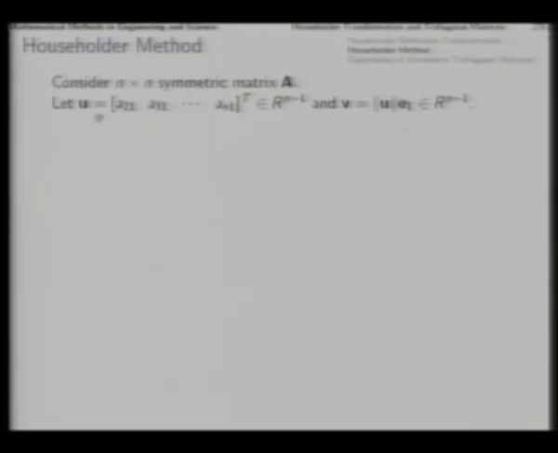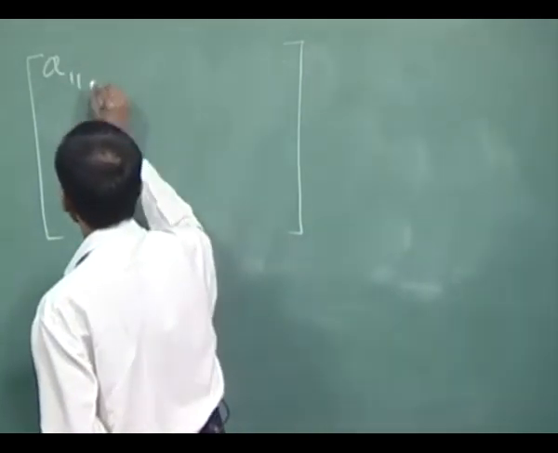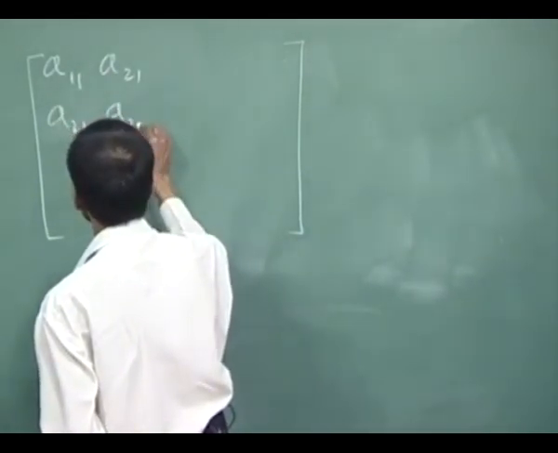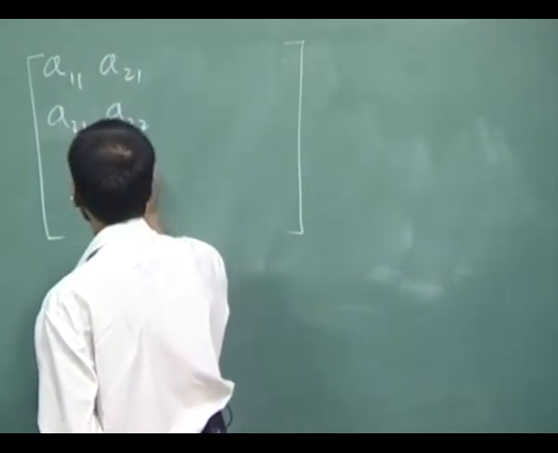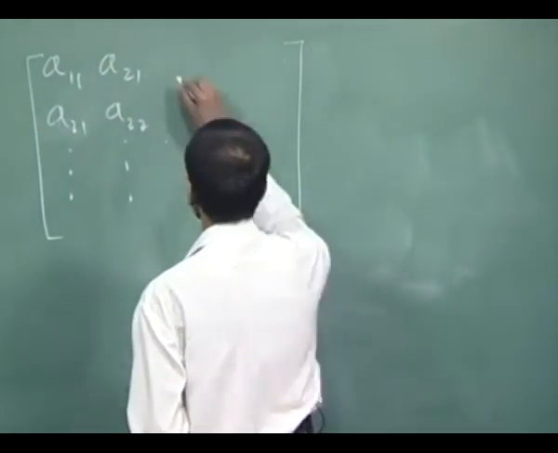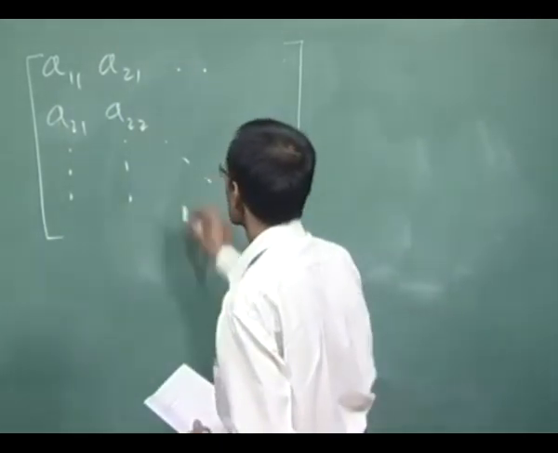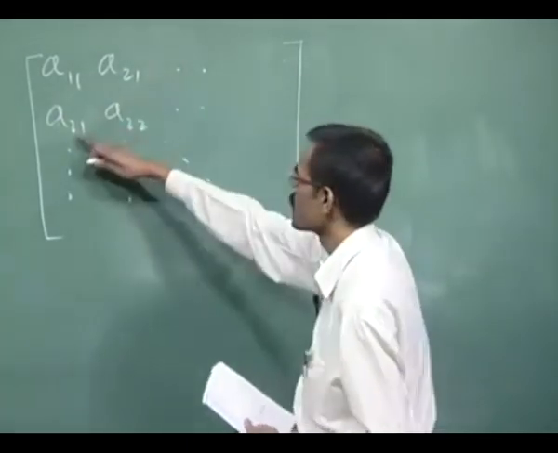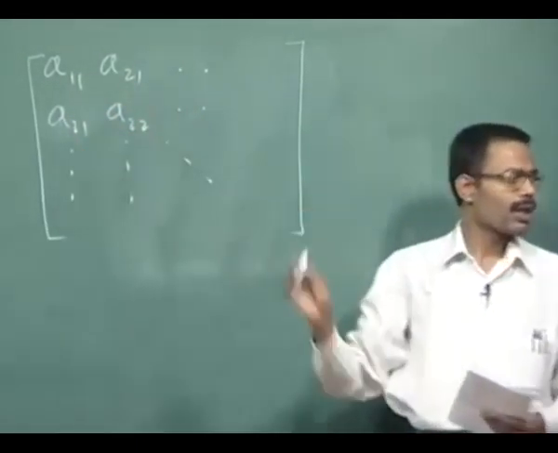Consider an n by n symmetric matrix, and so on, right. Symmetry is shown here, a_21, a_21 and so on.